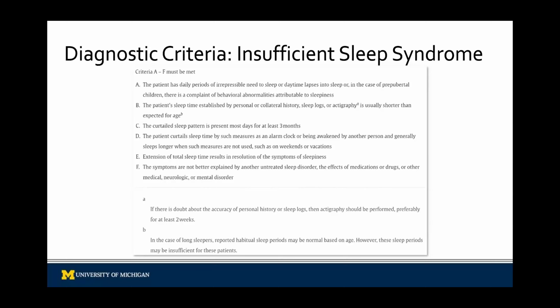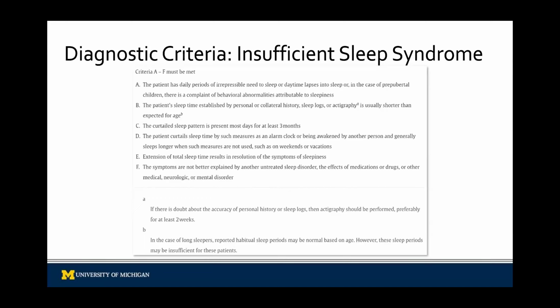When making this diagnosis, we have to characterize how much sleep the patient is getting. That can be through history, through collateral information from family members or loved ones, or through sleep logs or actigraphy. The sleep duration has to be shorter than what is recommended for that age group.